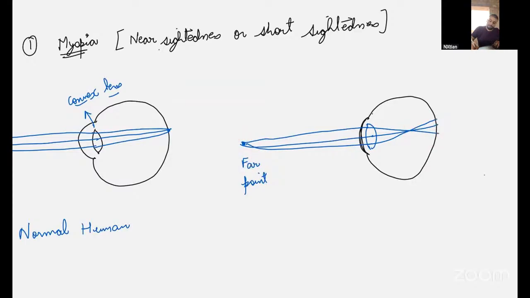Where the lines connect, that's where the image is formed. In the myopic eye, it is in front of the retina, not on the retina. The convergence occurs before the retina, meaning the focal point becomes less.